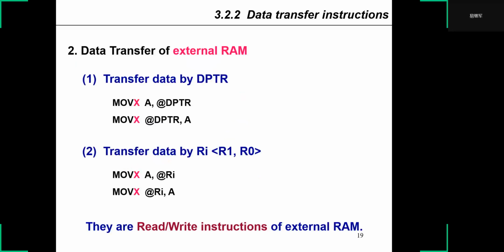Data transfer to external RAM. MOVX is a new instruction. MOVX transfers the data to external RAM. So if you want to transfer data from or to external RAM, we use the instruction MOVX.